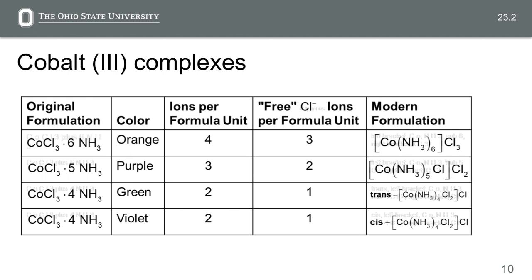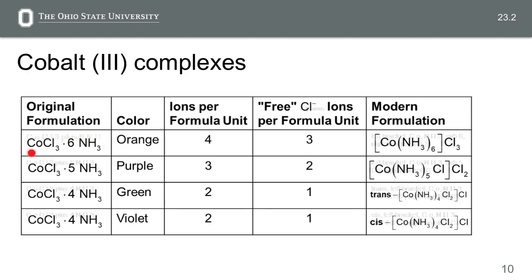Okay. Now, in writing a formula, when we go back to, all right. So again, Werner had these cobalt compounds. They had different colors. And what he knew of the formula was something like this.